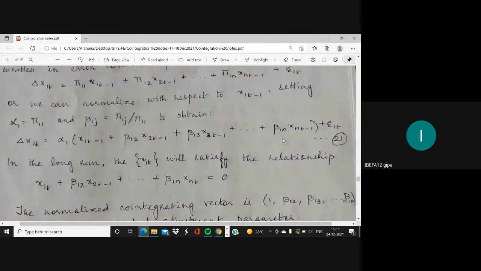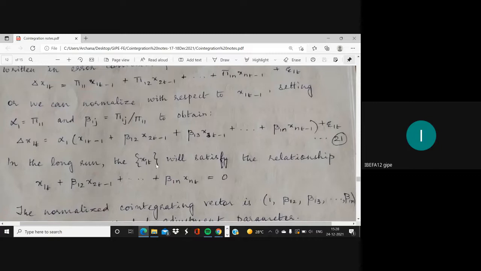Since we believe all these variables share some sort of equilibrium relationship, alpha 1 will tell you how this particular variable is going to adjust to the disequilibrium in the relationship between all the variables in your VAR system. So this will give you the speed of adjustment of this particular variable, and these terms tell you about the equilibrium relationship and what sort of adjustment is going to take place.